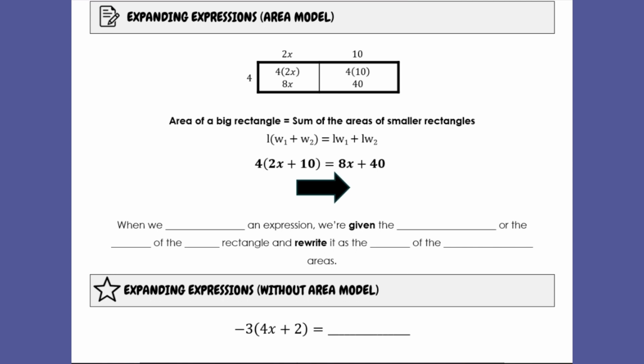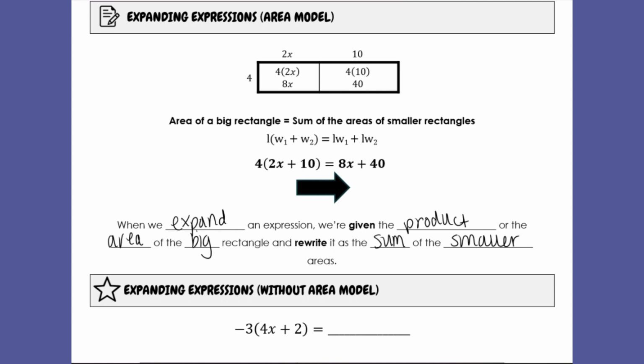So, but what does it mean to expand? So essentially when we expand an expression, we're given the product or the area of the big rectangle, and we're going to rewrite it as the sum of the smaller areas.